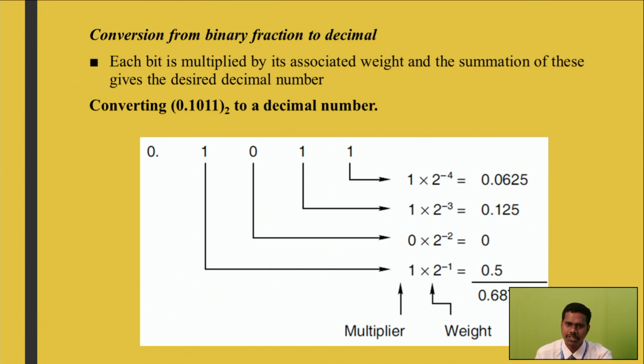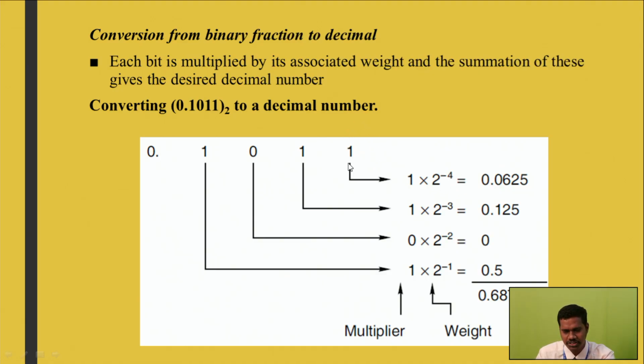For the binary to decimal conversion, 0.1011 is the given binary number that will be converted into a decimal number. The last position, the rightmost end, has the binary digit 1, which is 1 into 2 power minus 4, the fourth position.